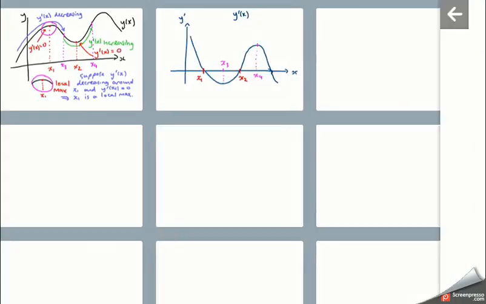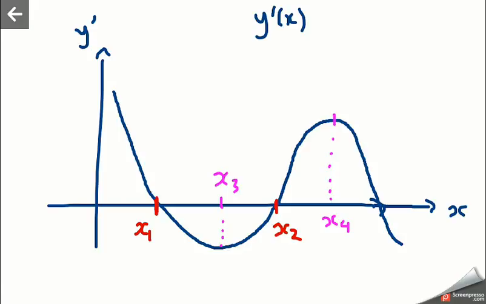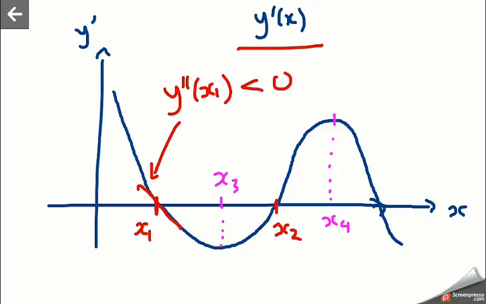Another way to write this, going to our graph of y prime of x, the slope of this tangent line is y prime prime of x1, that is less than 0. If y prime prime of x1 is less than 0, that means the tangent line slopes are decreasing around x1. And don't forget y prime of x1 equals 0.